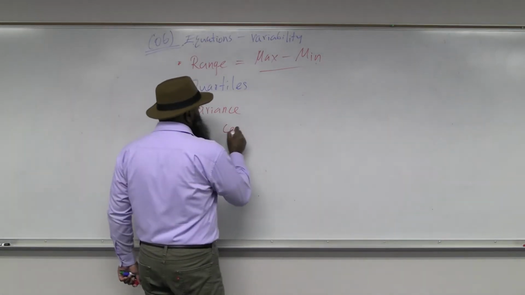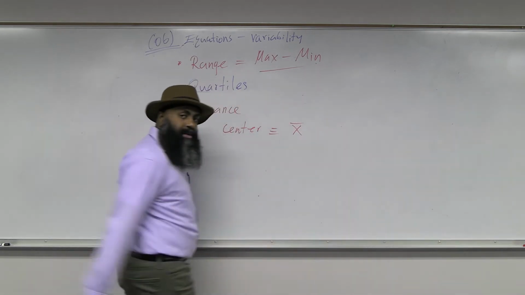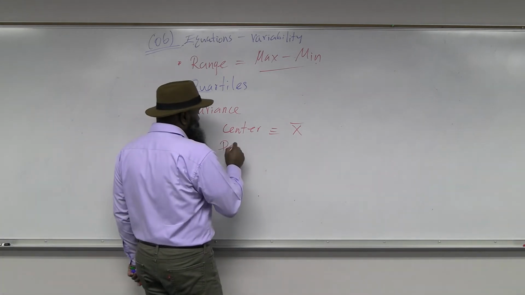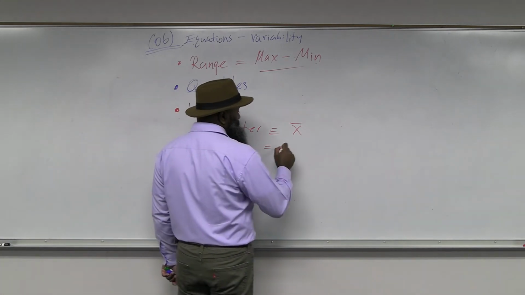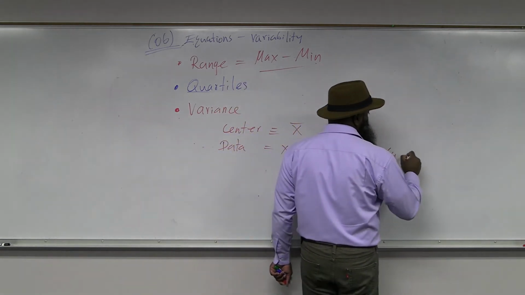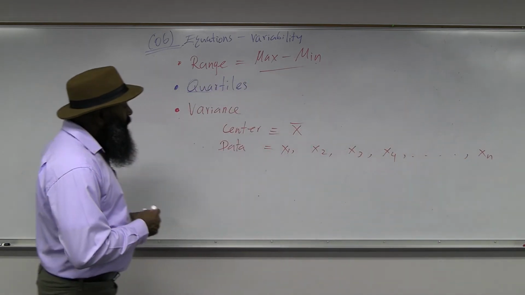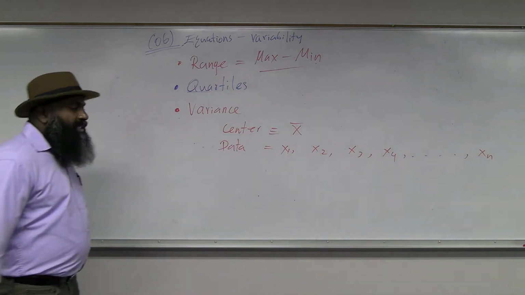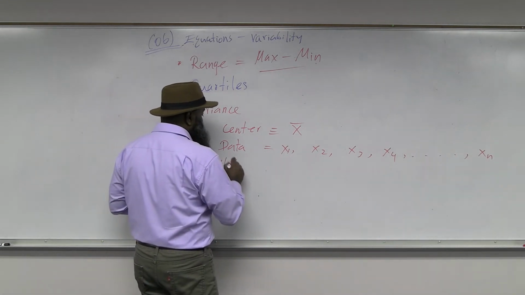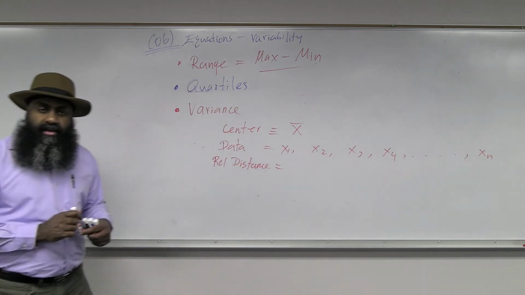We know the best estimate for the center is x bar, right? Now data points can be written as x1, x2, x3, x4, up to, let's say, xn. Now what's the relative distance to the center from each data point?